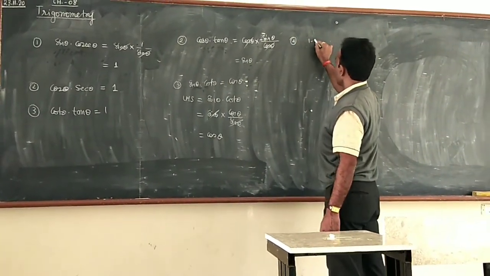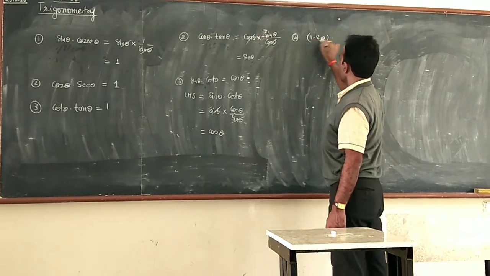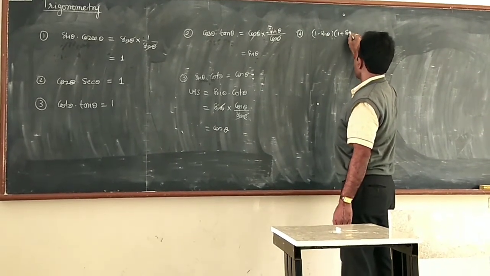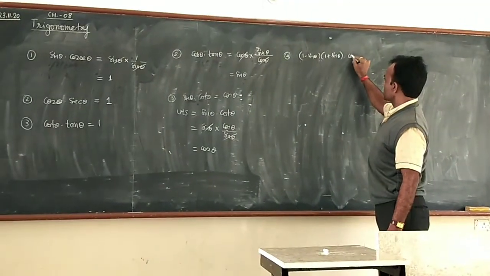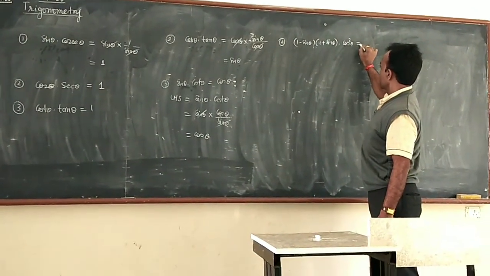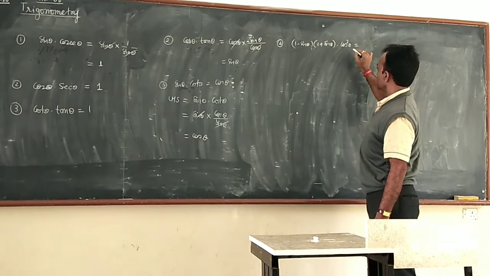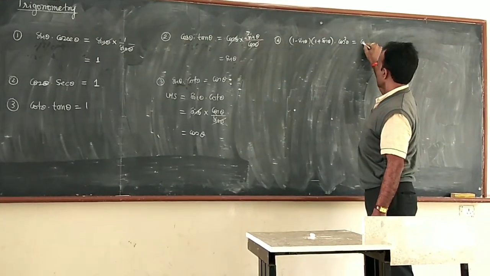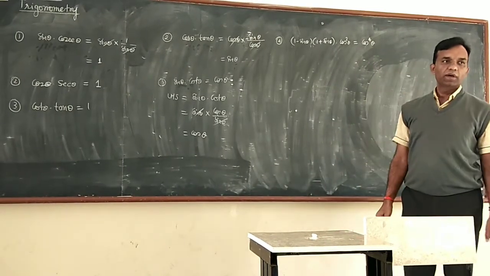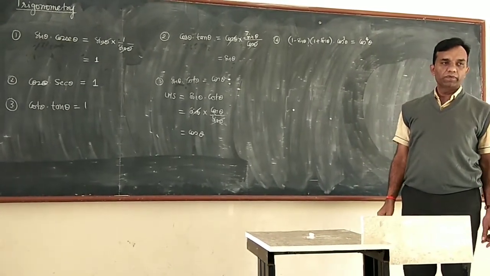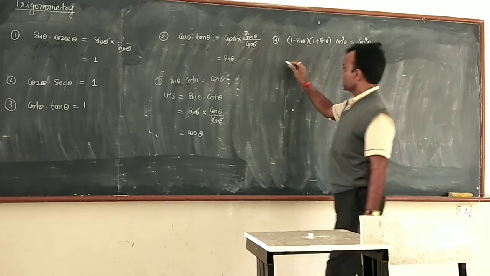Like you have (1 minus sin theta)(1 plus sin theta) into cos square theta equal to cos to the power 4 theta. You have to show that. How is it cos to the power 4 theta? It's very simple.